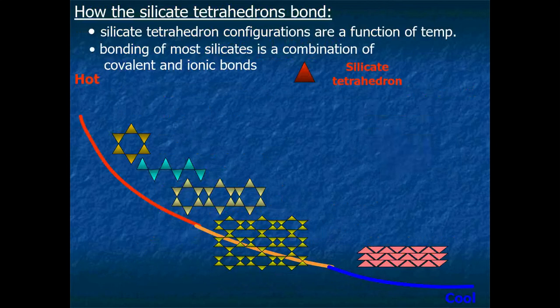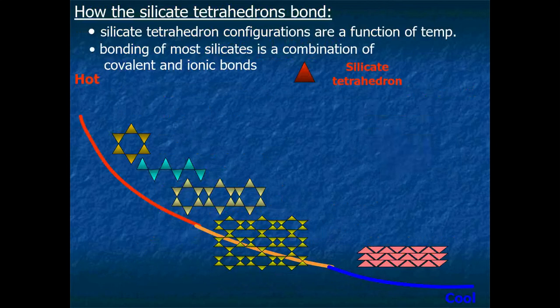So this last slide within our part 3 of minerals is how do silicate tetrahedrons bond together? And this slide is a little bit of an introduction to rocks, which will be coming up in the next discussion. And really, different silicate structures or tetrahedrons is really a function of temperature.